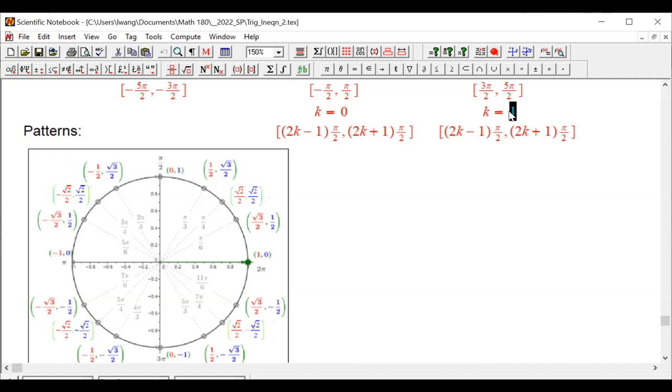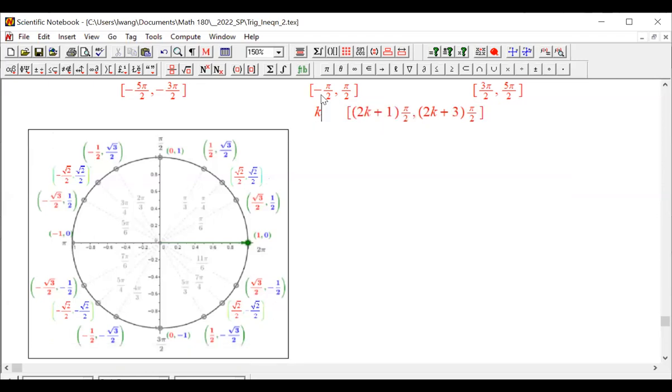So this pattern doesn't work. So this will be 3 pi over 2. So how about this plus 3? I'm trying different patterns, and I also invite you to try it with me.